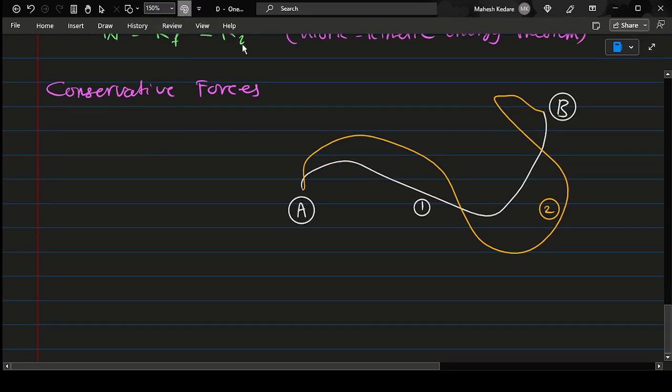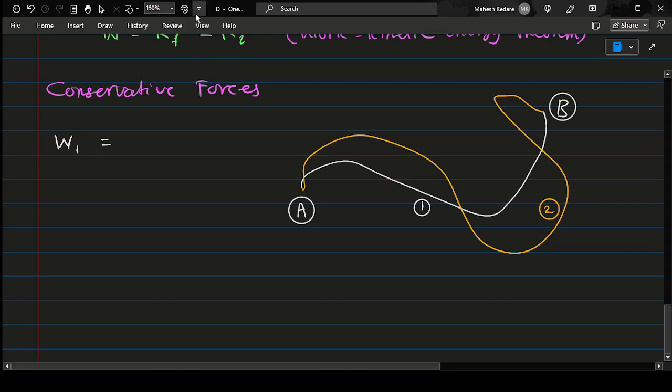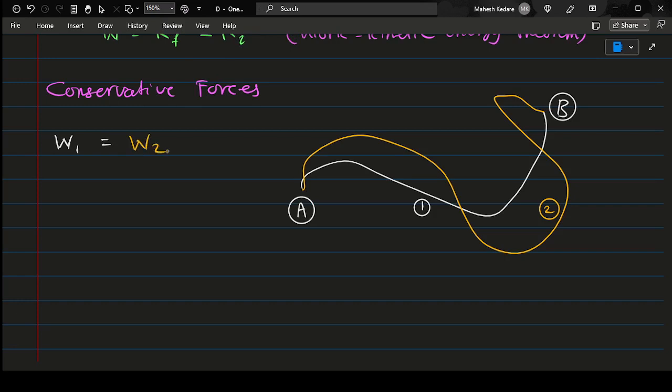And for any two paths, if the work done along path 1 is equal to the work done along any other path, path 2, then the forces are said to be conservative. Work done in going from A to B. The direction of motion is from A to B.